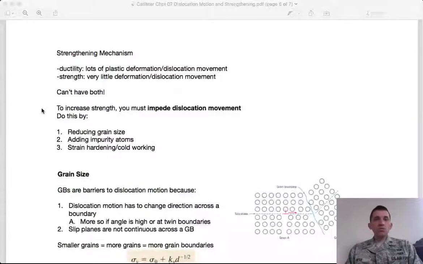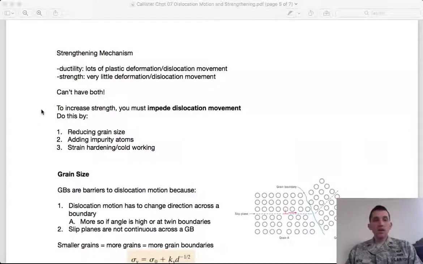Okay, so plastic deformation, yielding, is produced by dislocation motion. So if you want to increase the stress that is required for yielding to occur, you need to keep those dislocations from moving.